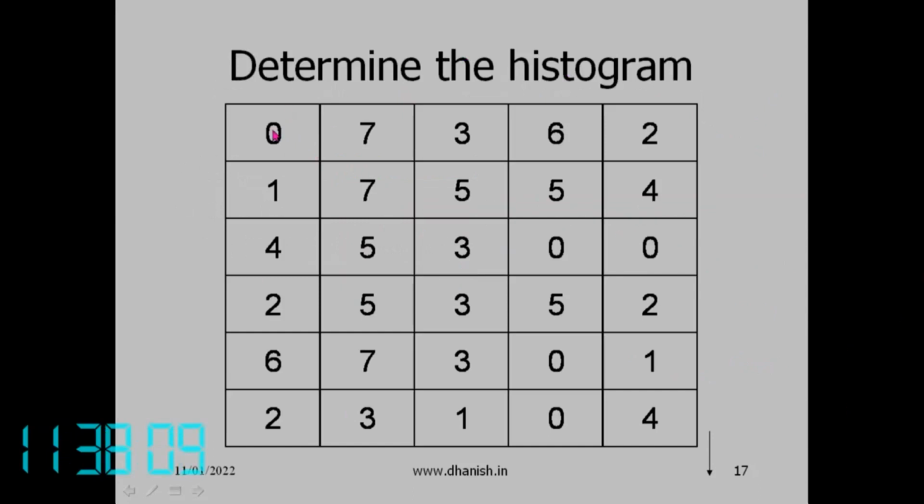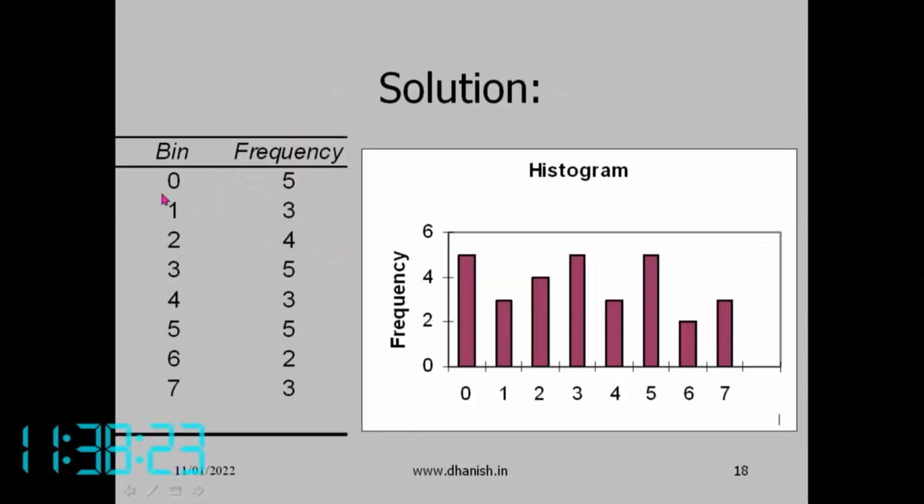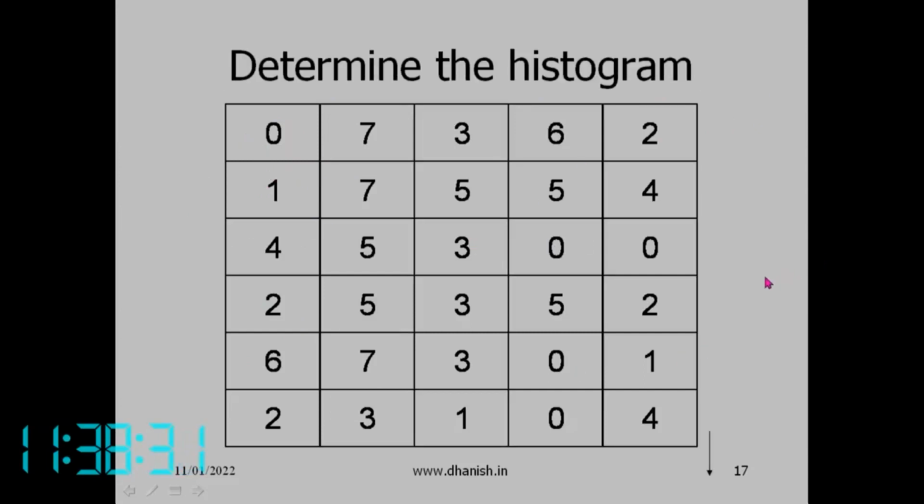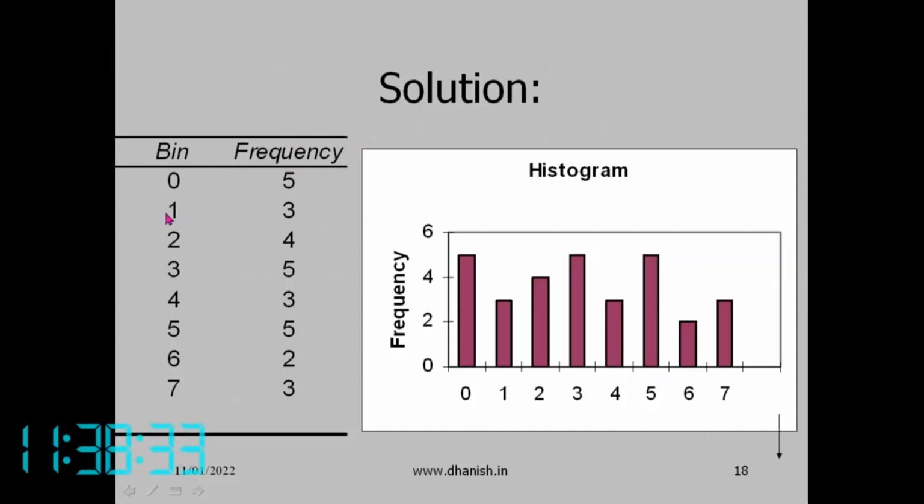For 0, how many are there? 1, 2, 3, 4, 5. For 1, how many? 1, 2, 3. Like that, for 0 it is 5, for 1 it is 3, for 2 it is 4, for 3 it is 3.